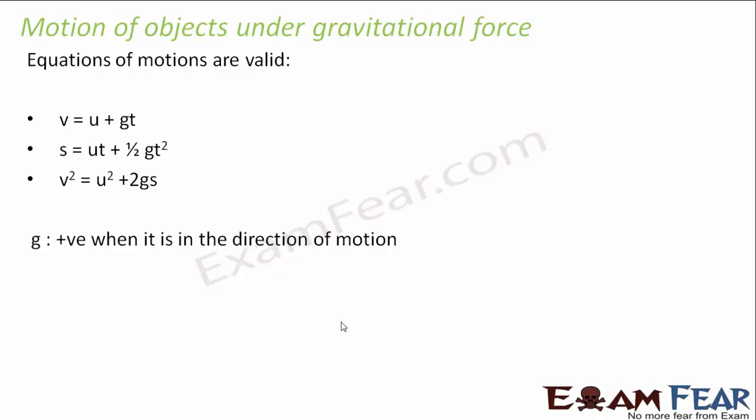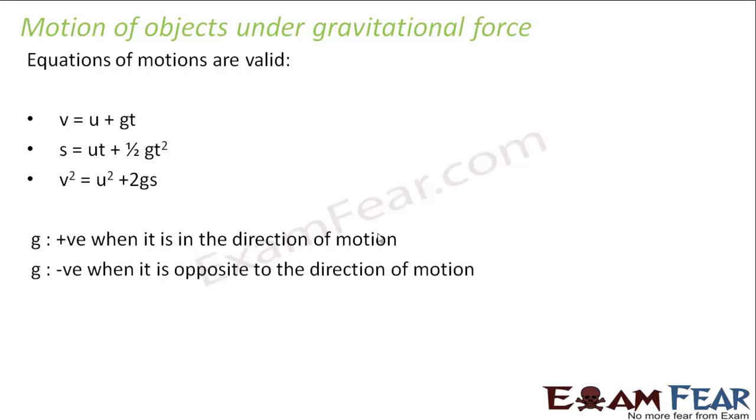Now here the value of g, when I talk of the acceleration due to gravity, is taken positive when it is in the direction of motion, and it is taken negative when it is opposite to the direction of motion. Let us quickly take the example of the stone again. Let us suppose there is a stone here, and you throw the stone from some height h.